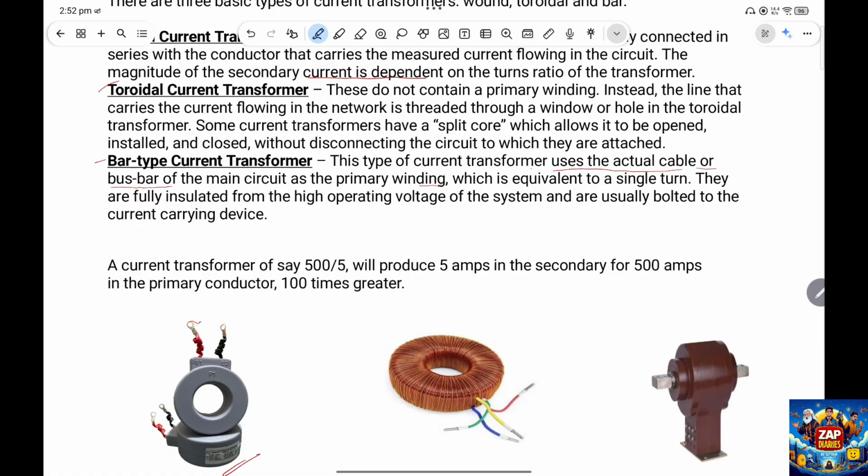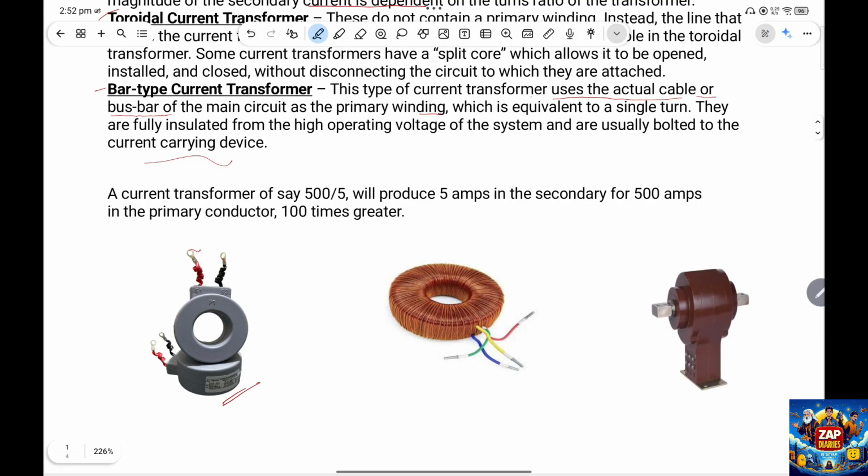They are fully insulated from the high operating voltage of the system and are usually bolted to the current carrying device. So here you can see, the bar type current transformers are the most commonly used in high voltage circuits like a sending substation or receiving substation. These two are mostly used in low voltage, but this bar type is used in the high voltage one.